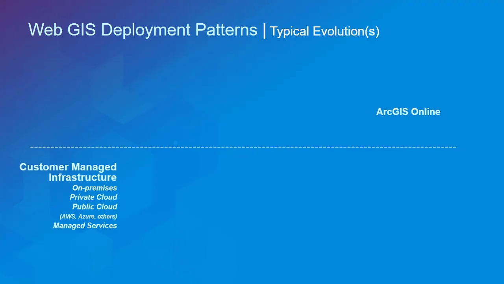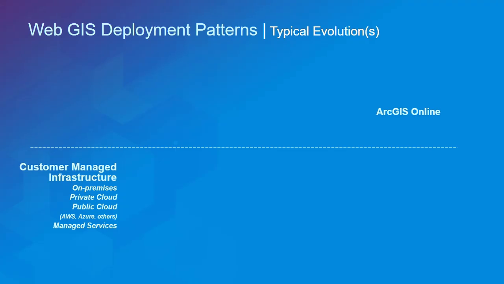So first, we have the 2 different patterns, the overall patterns of how to set up a WebGIS. There's the SaaS model, ArcGIS Online, and the software that you can install somewhere yourself. And notice I say customer managed infrastructure. That's really just to try to distinguish it from online where it's Esri managed. I don't care where that infrastructure is.